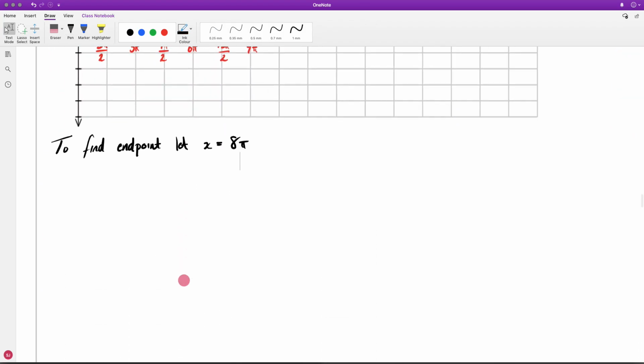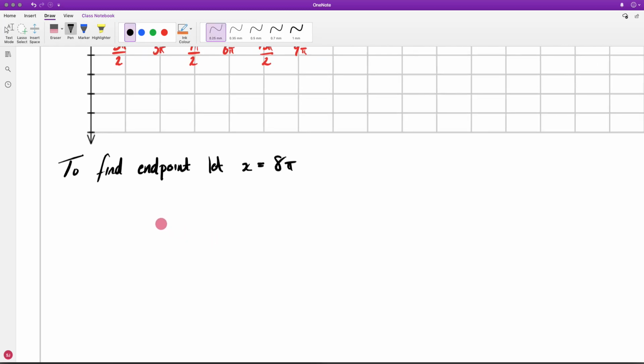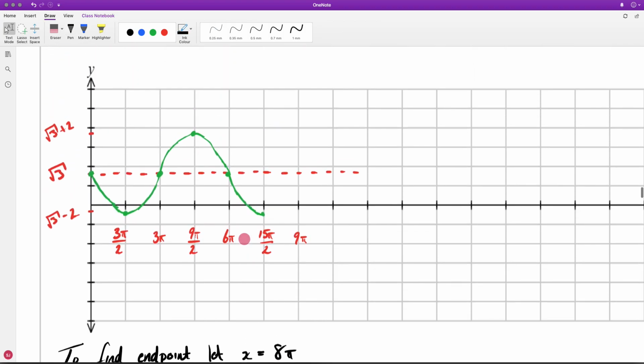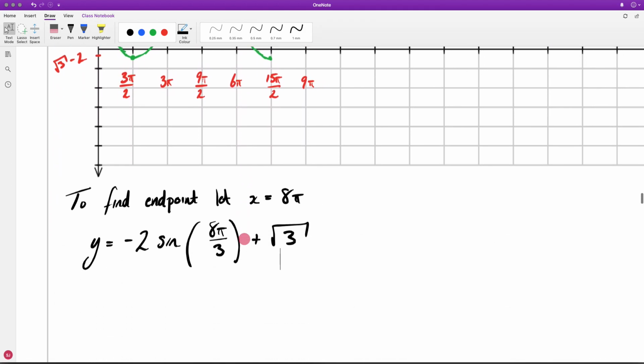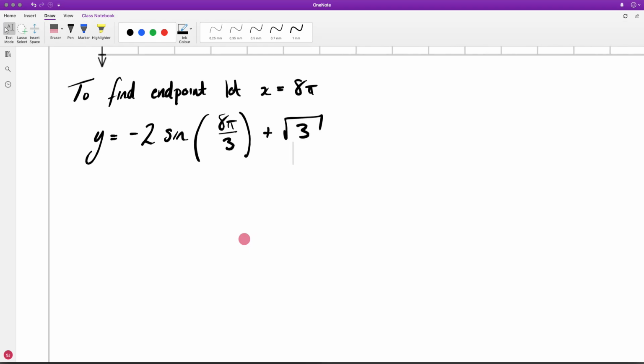Let's go. So it's going to be y equals -2 sine of 8 pi over 3 plus the square root of 3. And I've written that out correctly, haven't I? -2 sine, yep, that's good. Let me now continue.